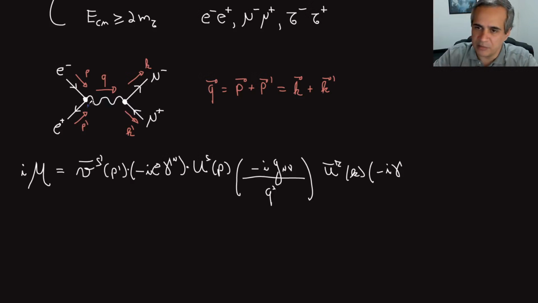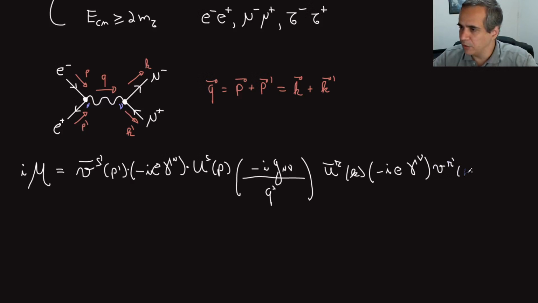I'm putting an index mu here and nu there. So this is gamma mu, the photon propagator is g mu nu, and this is gamma nu. And I forgot the electric charge. And this is v r prime k prime for this antiparticle going out.